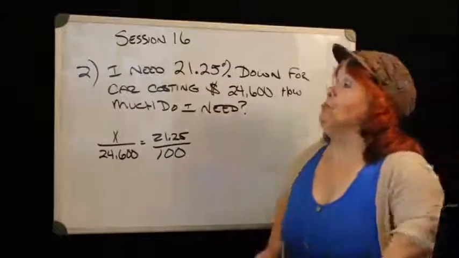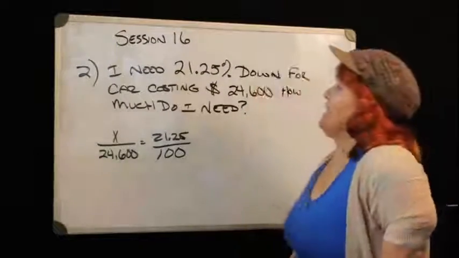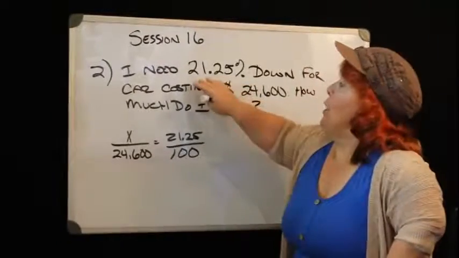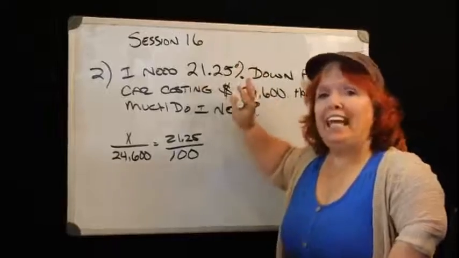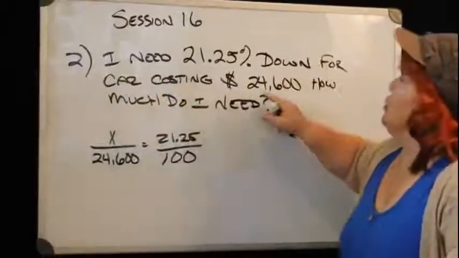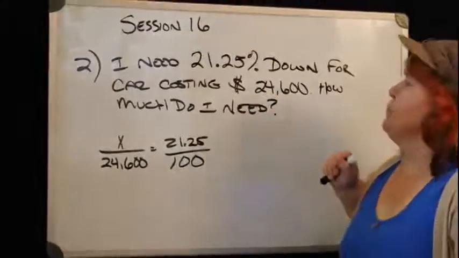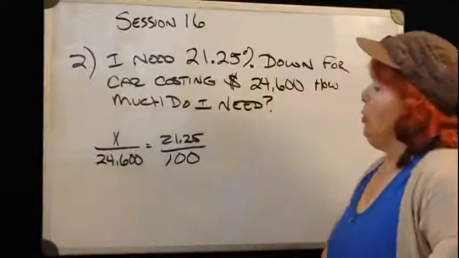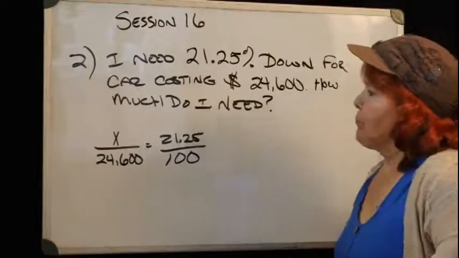Okay, number 2. I informed you that I needed 21.25% as a down payment for a car costing $24,600. How much money do I need? So I wrote out the formula here.